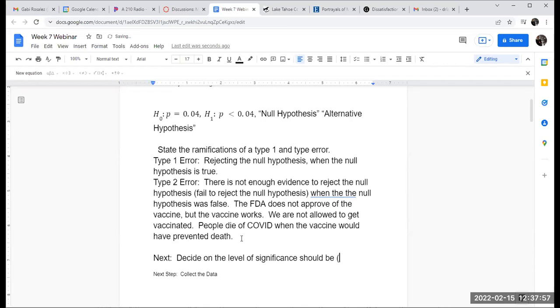And the level of significance is the probability of a type 1 error.